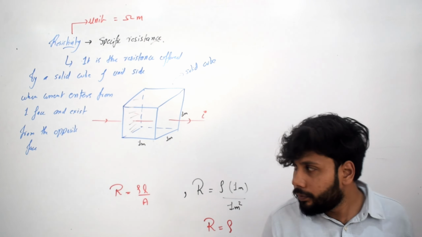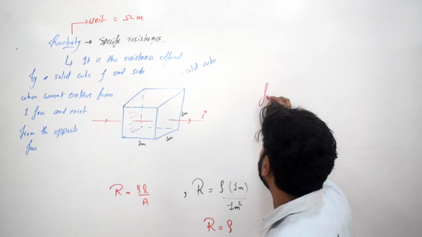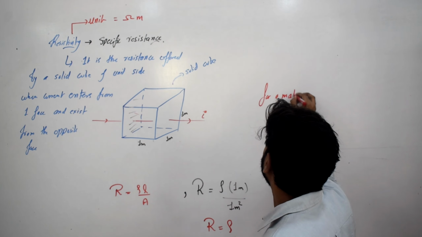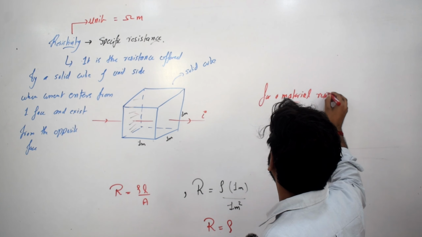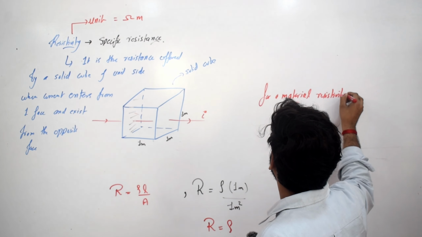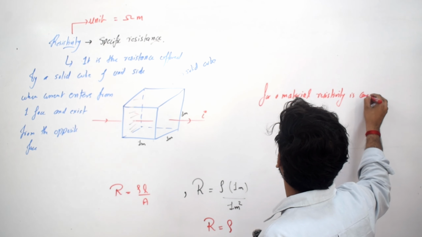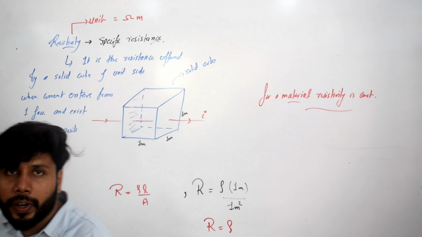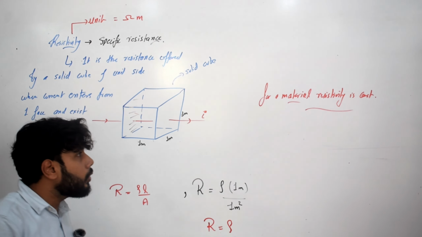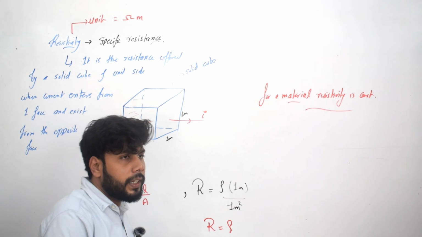For a material, resistivity is constant, because it is defined for a 1 meter cube or unit thing. That's why it is constant.